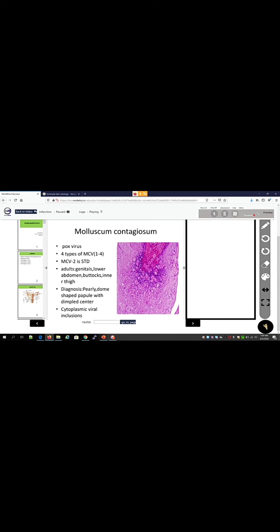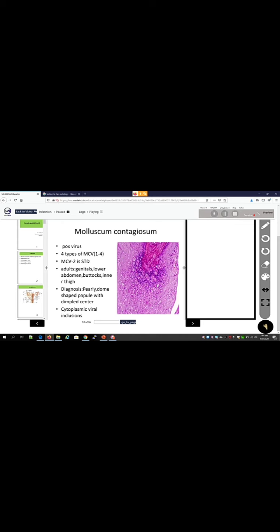Pox virus is of four types, that is the molluscum contagiosum virus or MCV 1 to 4. MCV2 is a sexually transmitted disorder. And in adults, it's mainly seen on the genitals, the lower abdomen, the buttocks, and the inner thigh region. The diagnosis is mainly by the pearly dome-shaped papule with a dimpled center.